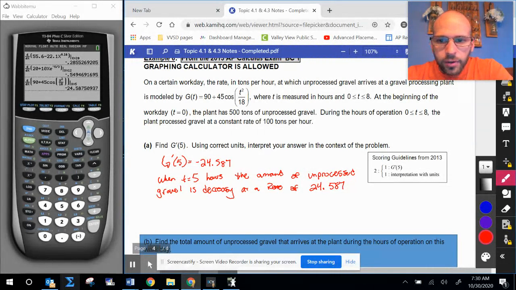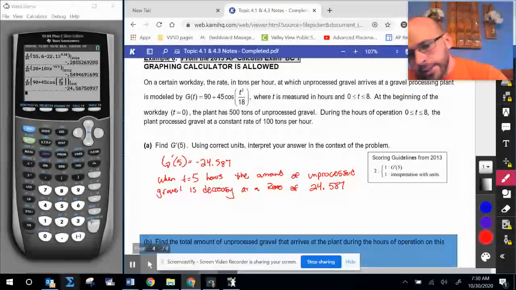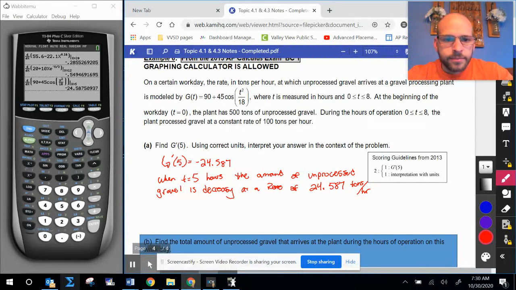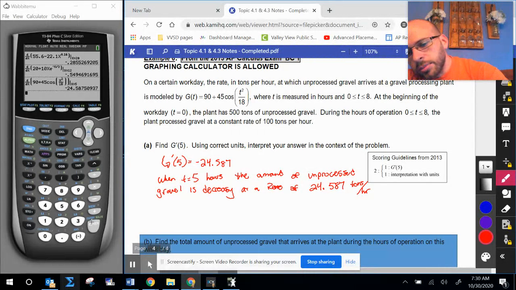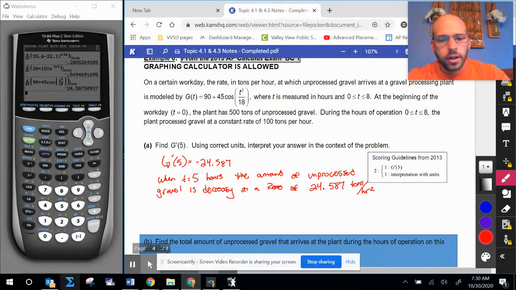So gravel is being brought in tons, right? It says tons per hour. The rate in which tons per hour, so it might actually be tons per hour squared.